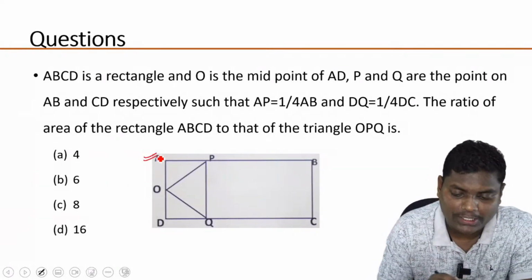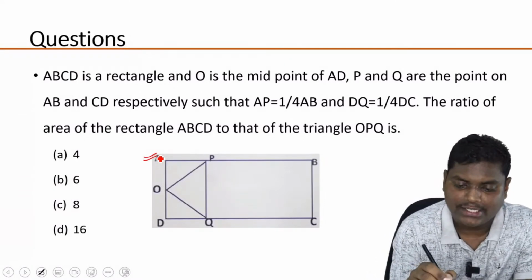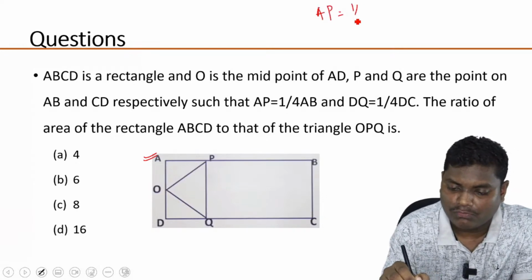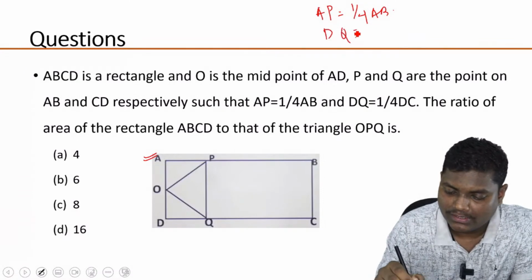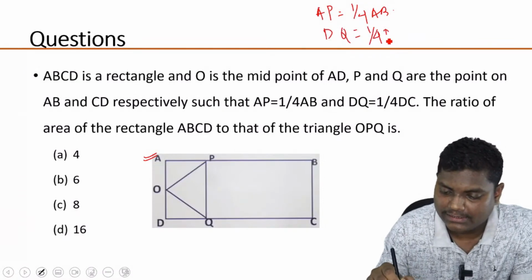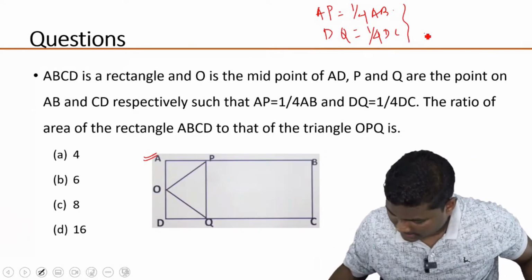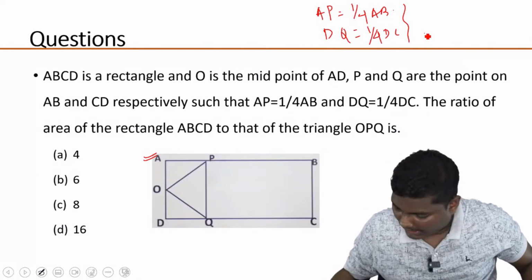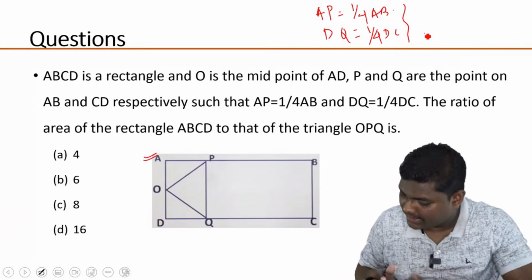O is the midpoint of AD, and we know AP is equal to 1/4 of AB and DQ is equal to 1/4 of DC. Okay, let's try and understand this.